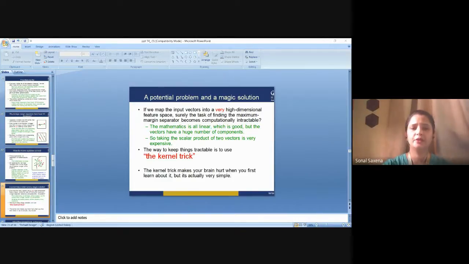Now, how do we compute the SVM classifier? Computing the SVM classifier, especially the soft margin, amounts to minimizing an expression of the form 1 divided by n, summation i from 1 to n, of maximum of 0 comma 1 minus yi (w transpose xi minus b), plus lambda times w squared.